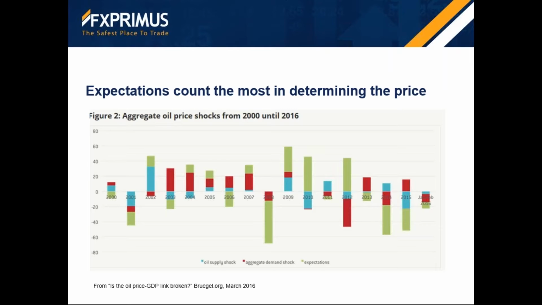Most of the change of the price of oil is due to changes in expectations. Oil is trading a lot like a financial product in which the role of speculators has become dominant. So this graph shows Bruegel's estimate of what moved the price of oil. It's a contribution of expectations in green, changes of supply in blue, and changes in demand in red.